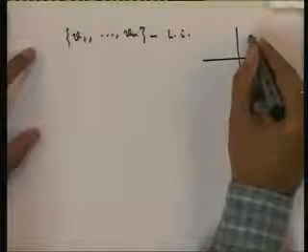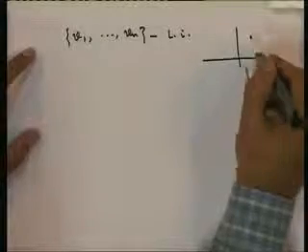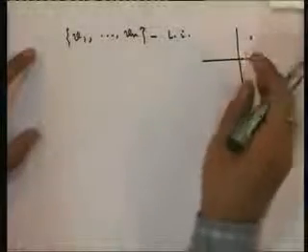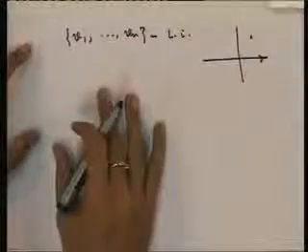That means it cannot be expressed as a scaling of this vector. So there is something more we need: some vectors such that they will generate all the vectors, but they will also be linearly independent.